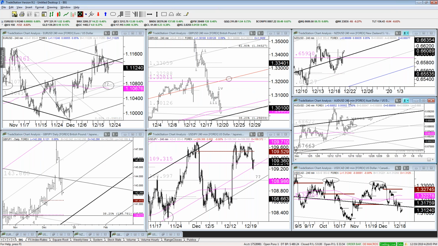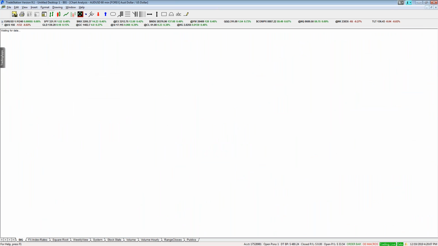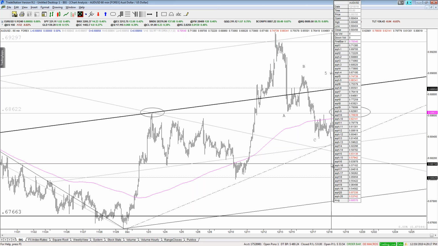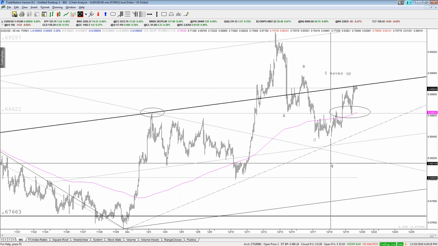Looking at Aussie, I like Aussie on the upside. Remember, we were looking at 68.30 for support right here. This isn't hourly now. We never got there. We got to 68.39. Unfortunately, we didn't get 68.30. But what you've got here is five waves up, right?